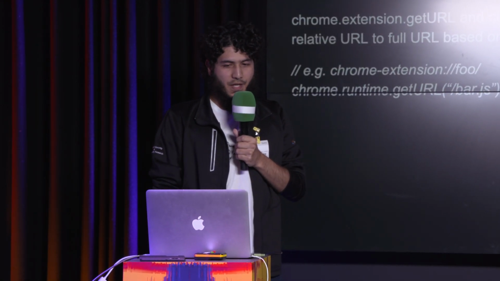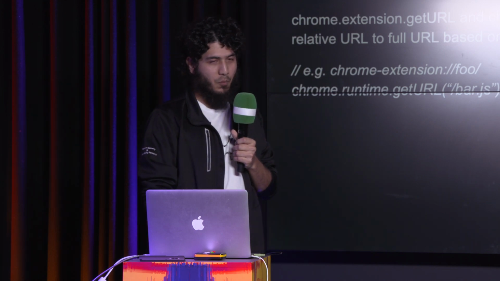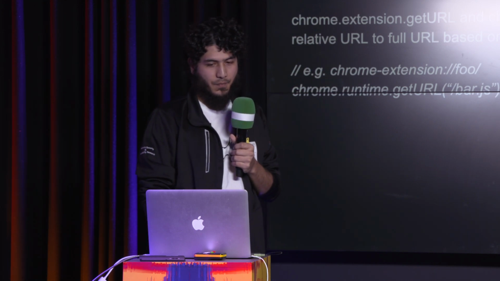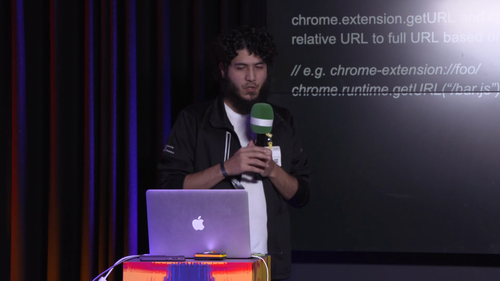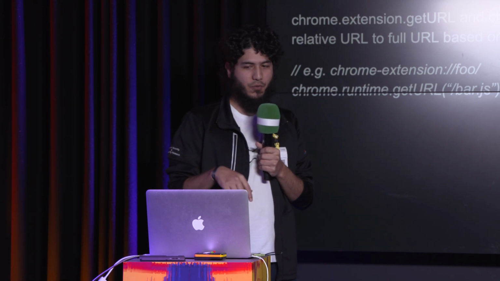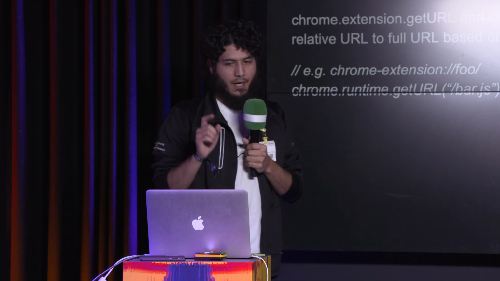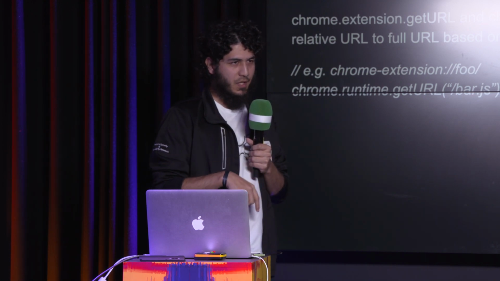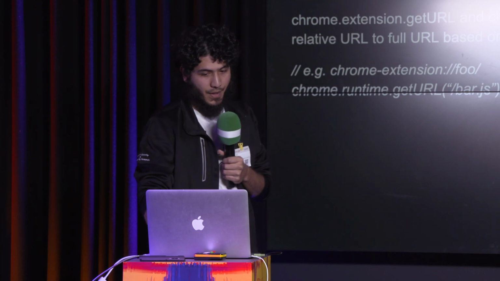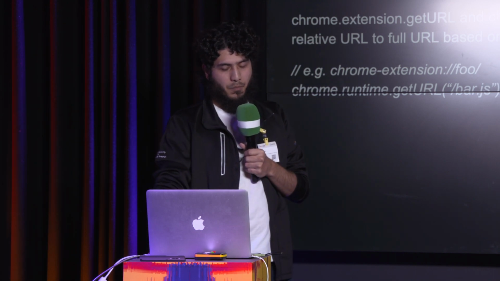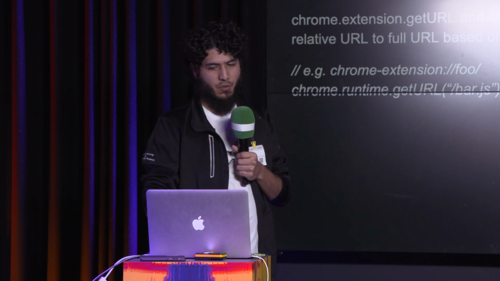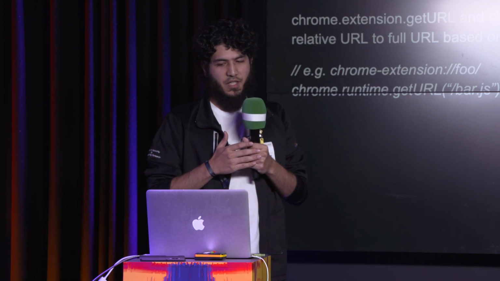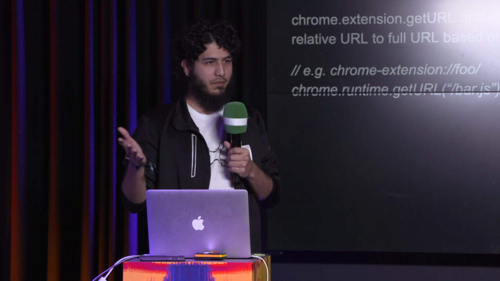Okay, so there was actually weird behavior in chrome.extension.getURL. There are two APIs, chrome.extension.getURL and chrome.runtime.getURL. chrome.extension was the deprecated, old API. The main purpose of this API is to basically give a full path from a relative URL.